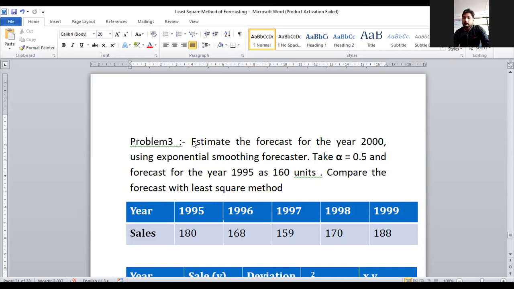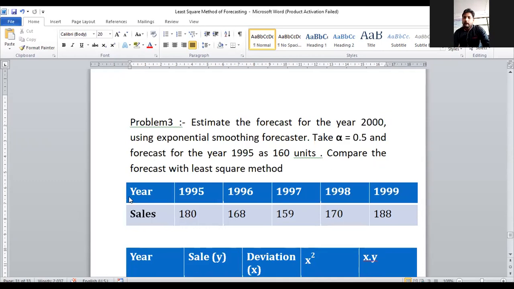Okay, so this is the problem statement, and data is provided to you in the form of year and sales. For the particular year, how much sales happened, that data is provided. Now this sales is the actual demand.